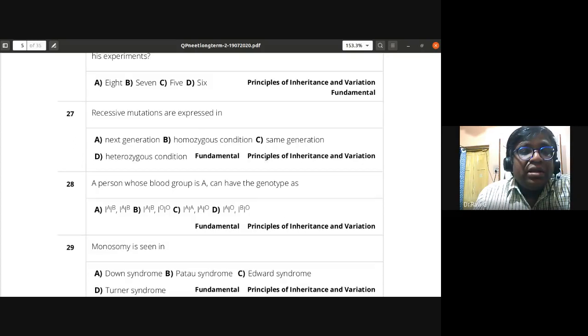27th, recessive mutations are expressed in next generation, homozygous condition, same generation, heterozygous condition. So recessive mutations are expressed in homozygous condition. So B is the answer. Since they are recessive, they can get expressed only in homozygous condition.